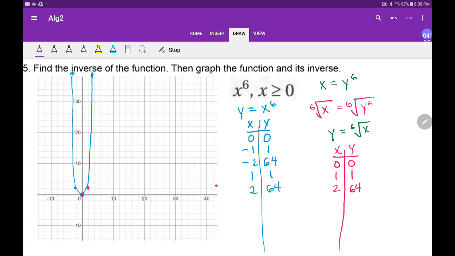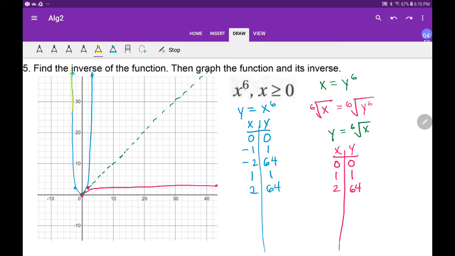I'm past 40, but I still am not up to 2. Oh, that's a terrible attempt. Okay. And you can see that these guys are the mirror image across this line right here.